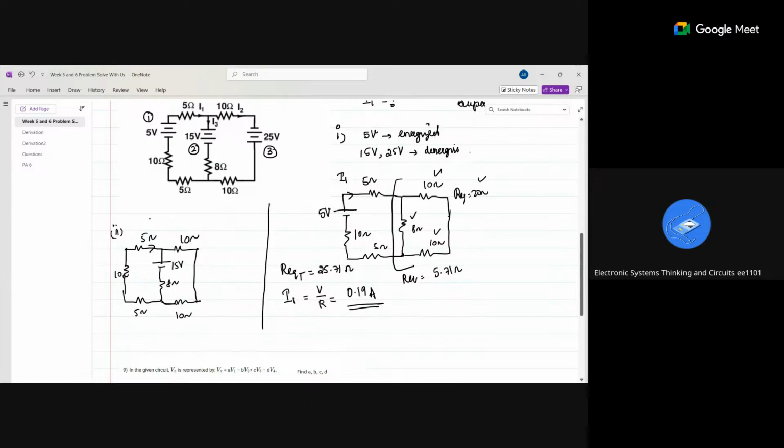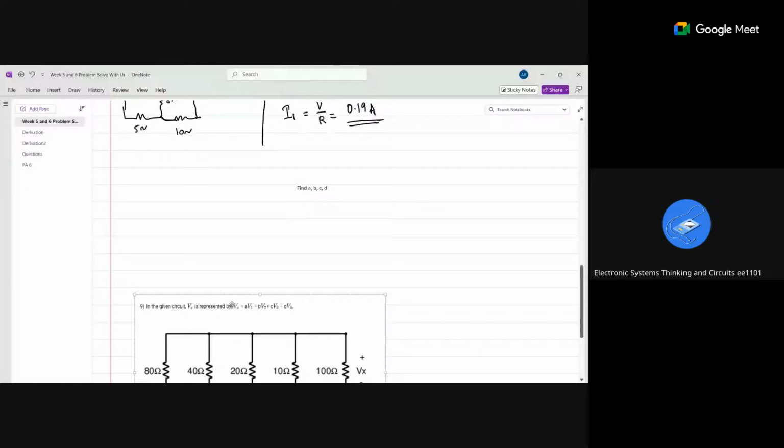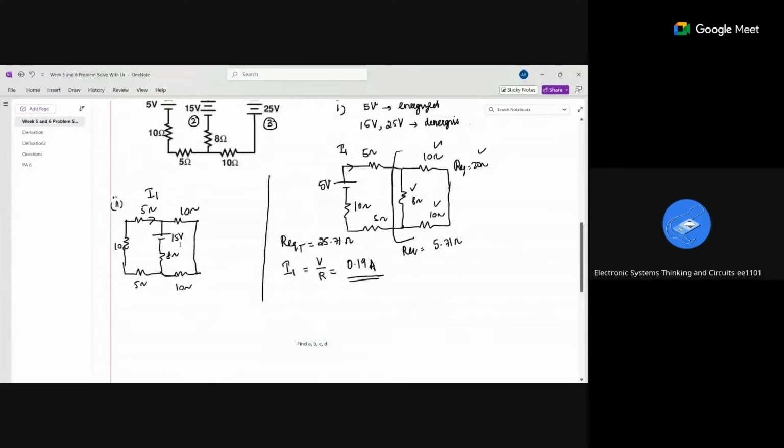This is the I1 that I need. Calculate and tell me what is I1 in the second case. These two are in series, right? And these three are in series.